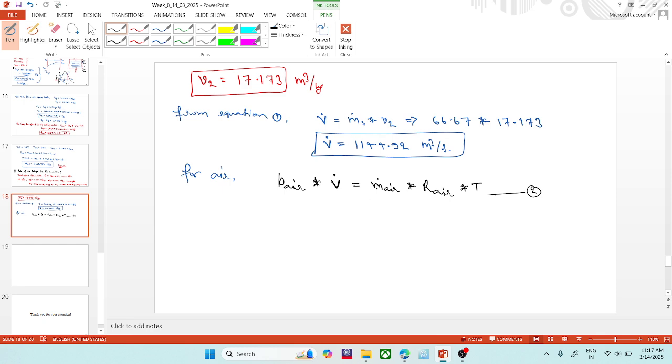So here we have to determine the P air basically.